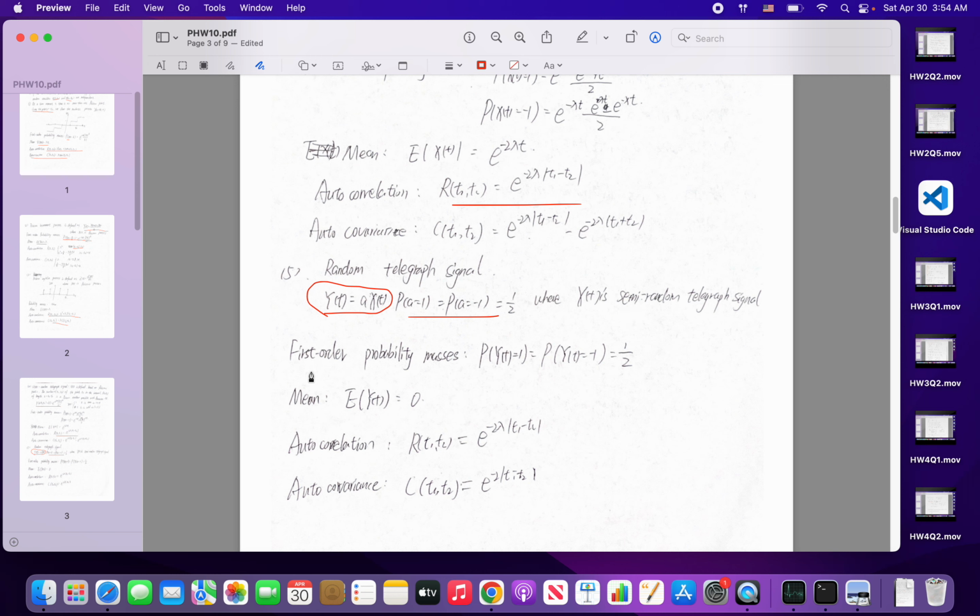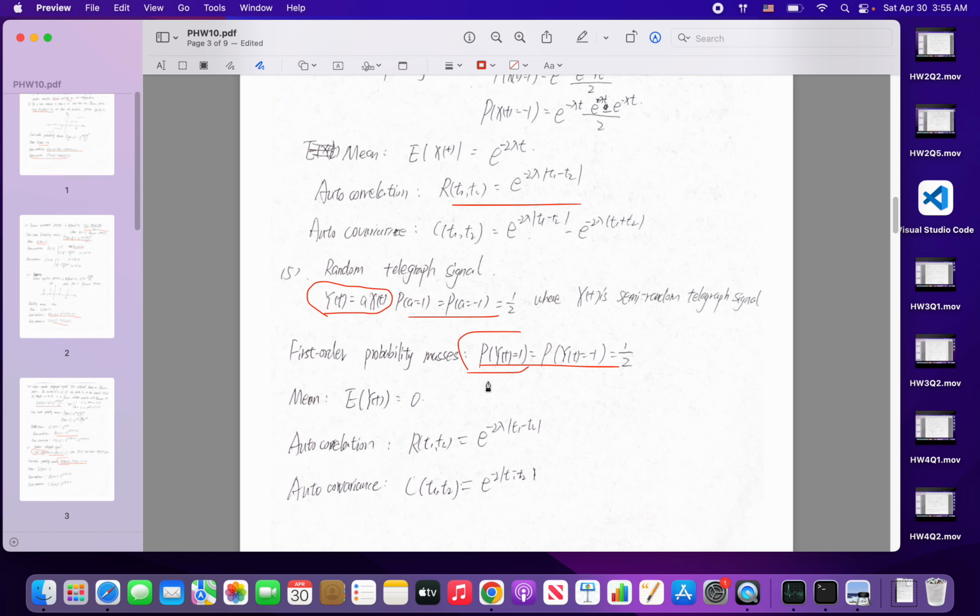So for the first order probability masses, the probability that Y(t) is equal to 1: A is equal to 1 and X(t) is equal to 1, or A is equal to minus 1 and X(t) is equal to minus 1.